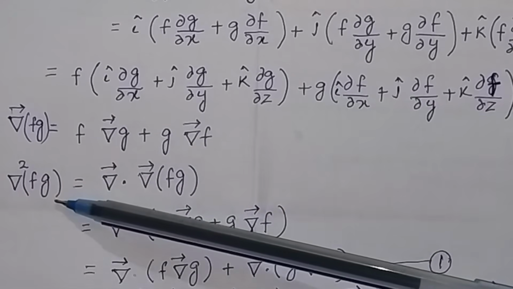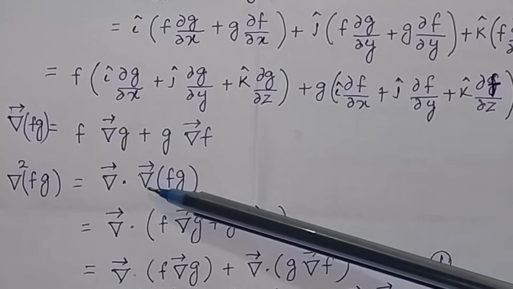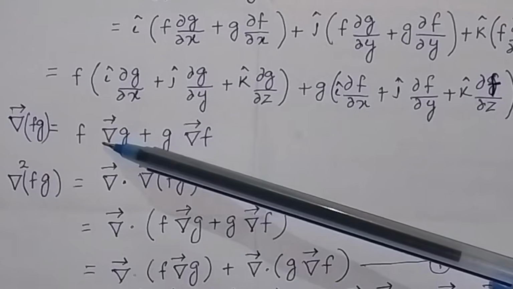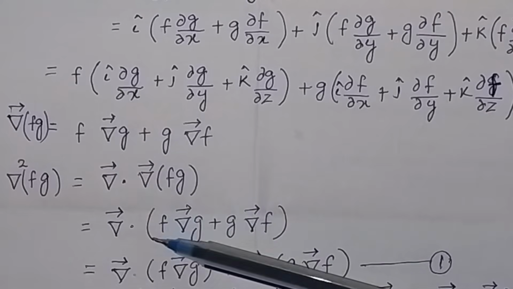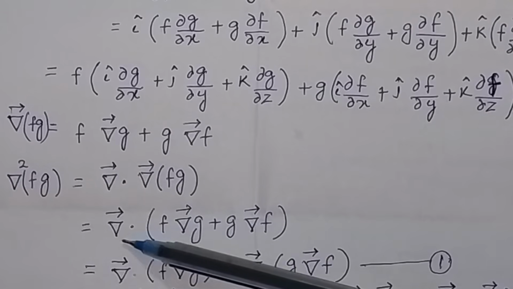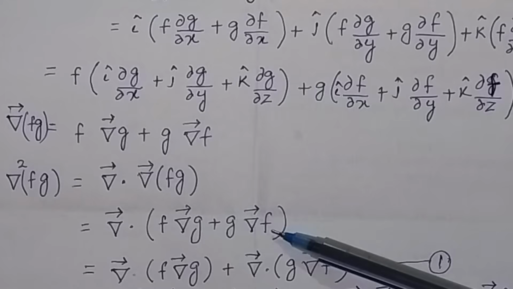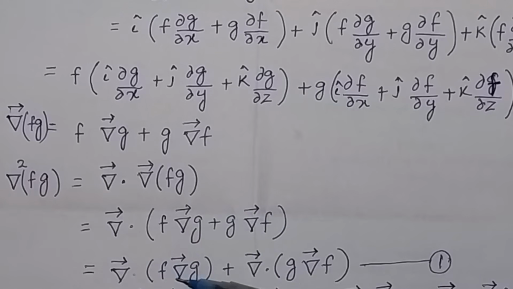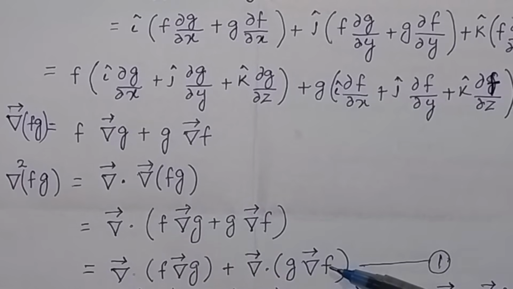But we have to find the Laplacian of fg. So Laplacian fg is equal to del dot the del of fg, and we have found del of fg. If you substitute this value here, this will be equal to del dot f gradient g plus g gradient f. If you simplify it, that will be del dot f of gradient of g plus del dot g of gradient of f.